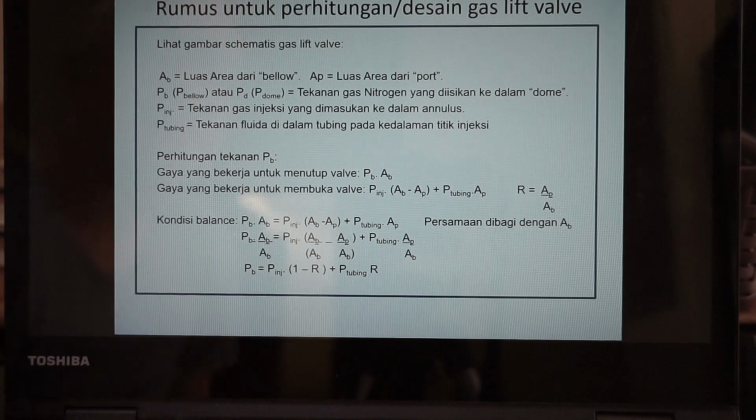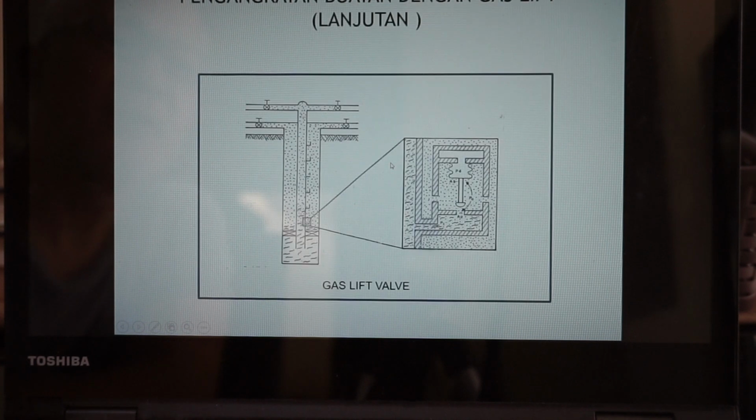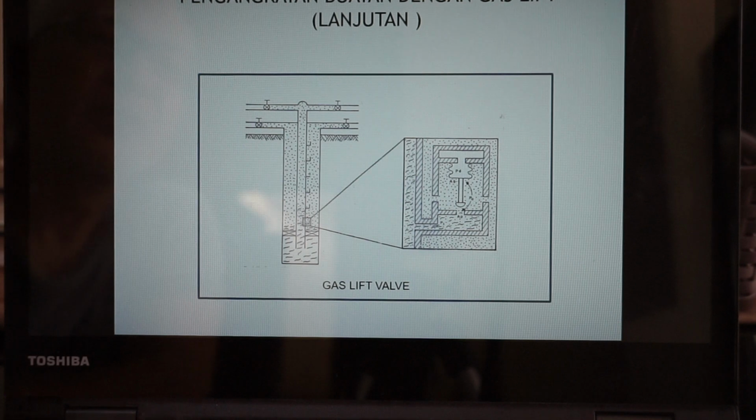You can see that, in order to close the valve, we have P below multiplied by A below.